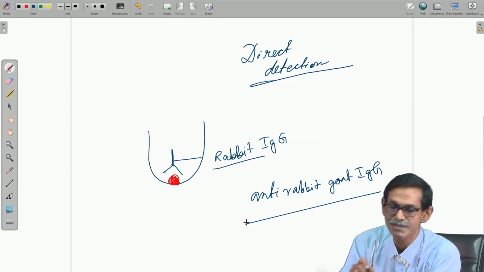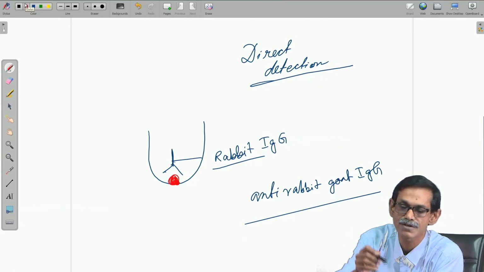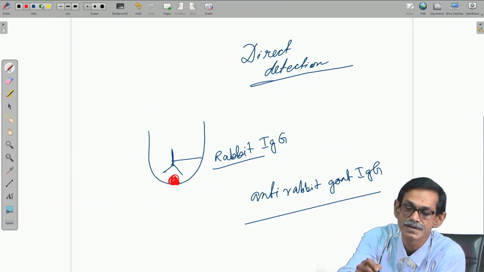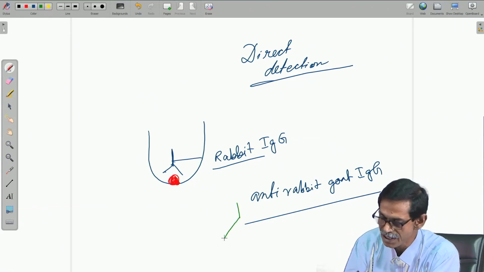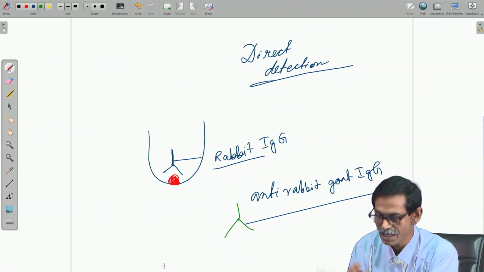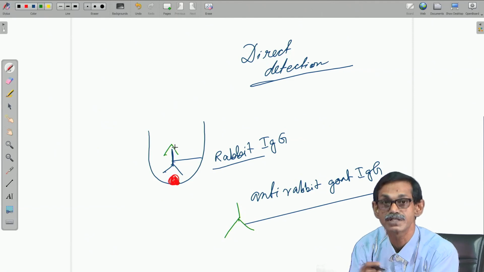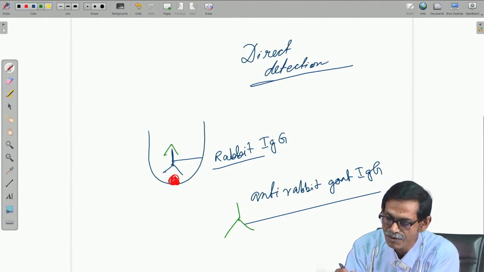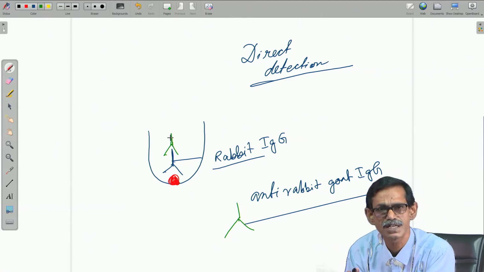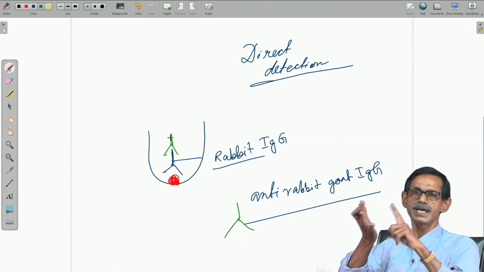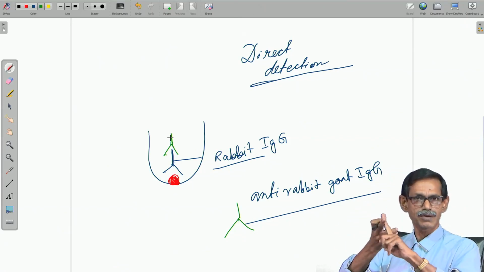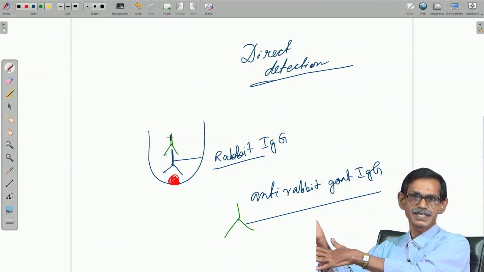So, if this color of this antibody is, say, green, where will it bind? It will bind to this antibody, because it is raised that way. So, this antibody you can buy commercially. You can buy anti-rabbit, anti-human, anti-goat, anti-mouse, whatever antibody you want.